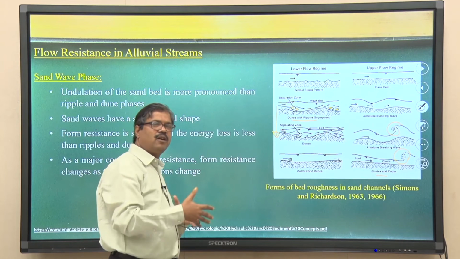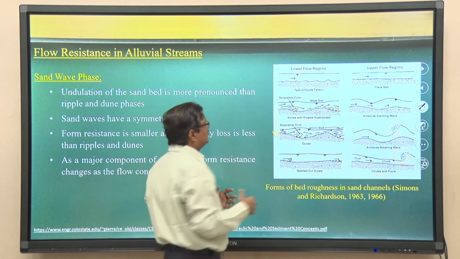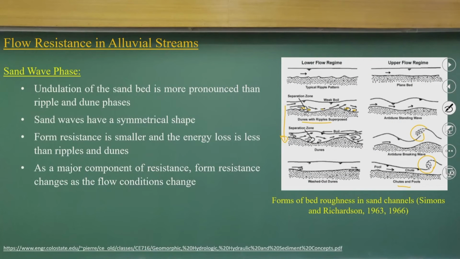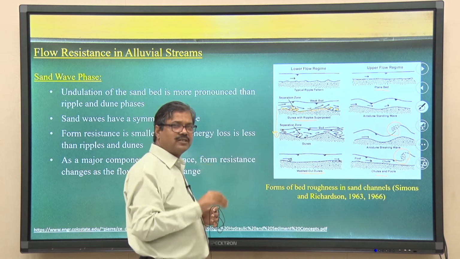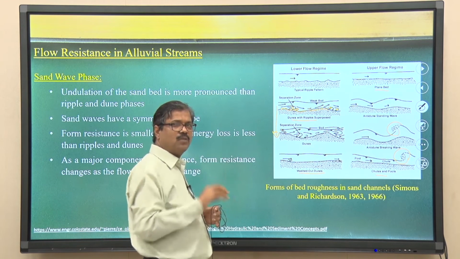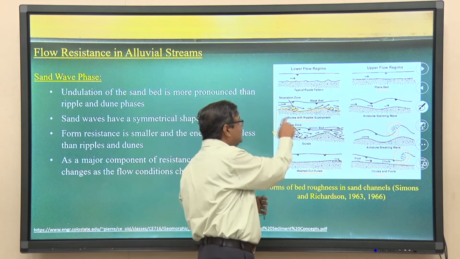So, those are also responsible for more energy dissipation because of the bed forms. That is what will come into the flow resistance equations as compared to the plain bed, compared to the washed-out dunes or the antidunes with wave breaking or standing waves. So the roughness, the dunes with the ripples, these bed forms play the major roles, having local turbulent structures like formation of eddies and boils, which dissipate the energy.